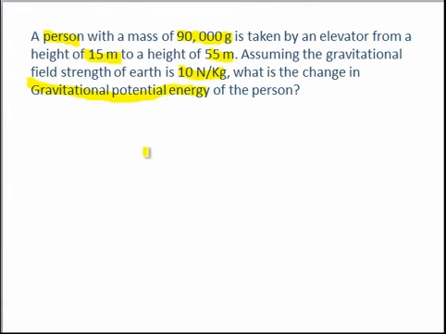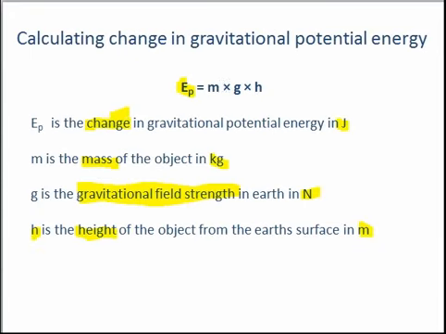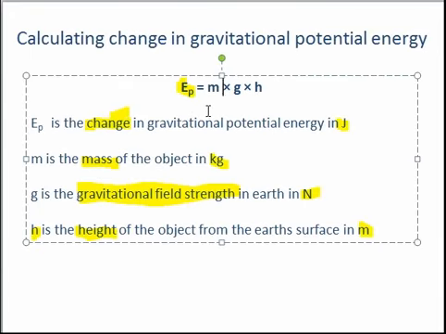Well, although this question is wordier than some of the ones that we've tackled in the past, it's good to carry out the same method in looking at the units. So let's go back to our equation here. We're looking for the change in gravitational potential energy. We have been given a mass, we have been given the gravitational field strength of Earth, and we have been given the height.